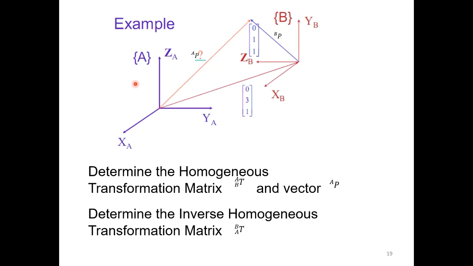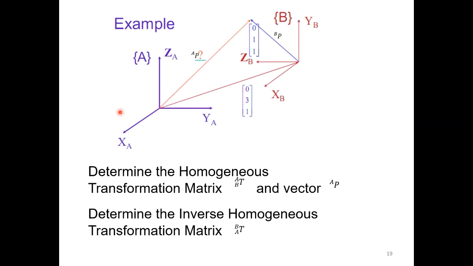Then you need to find out what this rotation is. You can see the x-axes are parallel to each other, right? And the y-axis is aligned with the z-axis here, and the z-axis is aligned with the negative y-axis here. This is the same rotation we worked out last week.